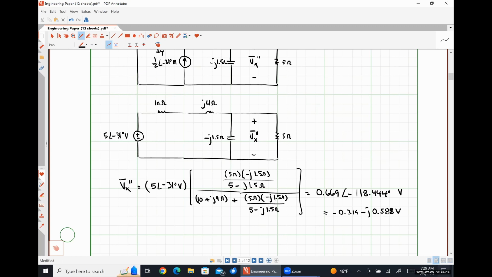Before we move along, anybody confirm that this is correct? Alrighty.